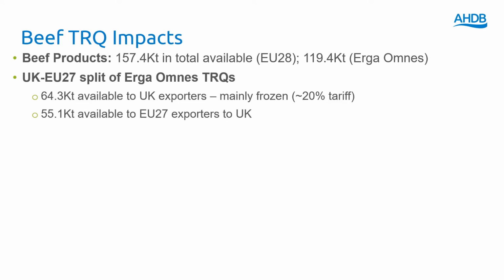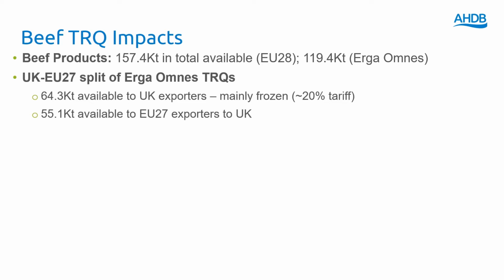Of course, with the UK leaving the EU, that will mean that the existing TRQs will have to be split between the UK and the EU27. And that exercise, there was an agreement between the UK and the EU27 in the last year on how to allocate those. So they are in the process, or have been in the process of being divided out. And we can see, looking at that, just over 64,000 tonnes of that existing EU28 TRQ would be potentially available to UK exporters.